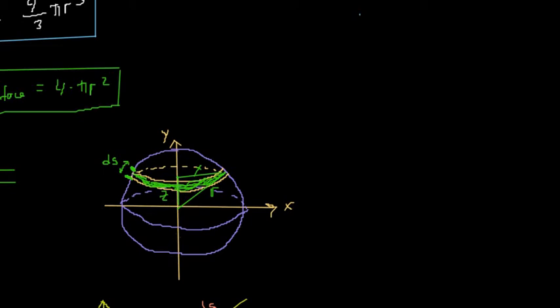This integration is just a notation that describes the infinite summation, in our case, of these very little surface areas of these strips. So this integration allows us to do an infinite amount of summation of this surface area in order to get at the end the surface area of the whole sphere.